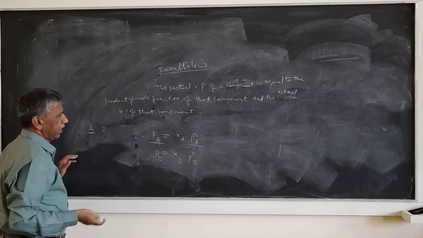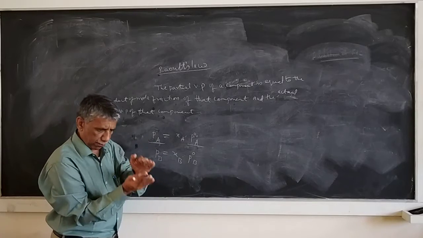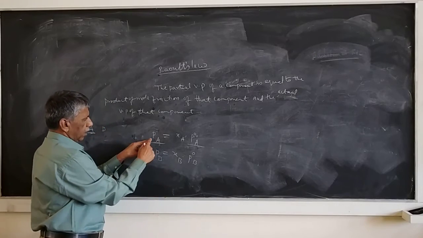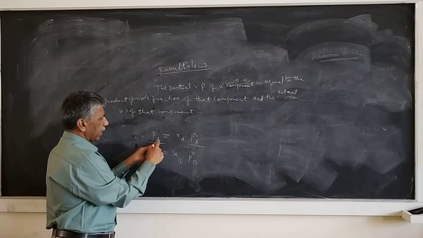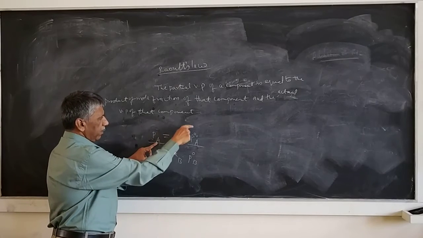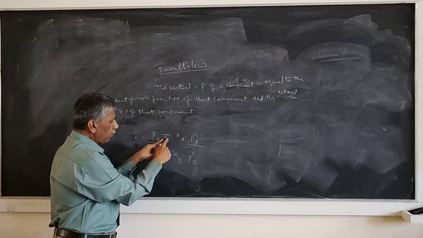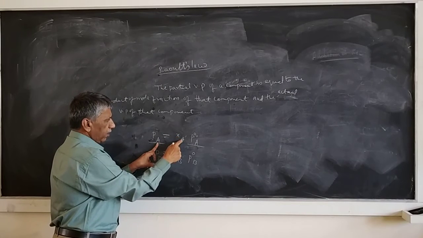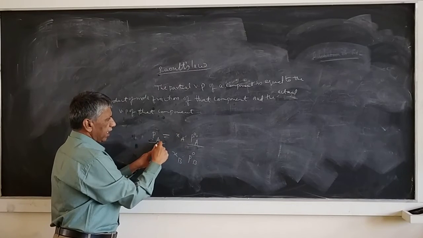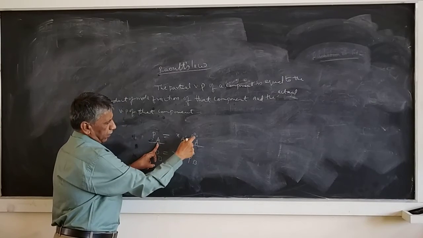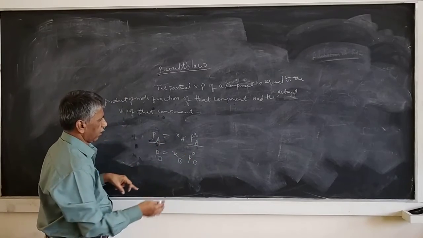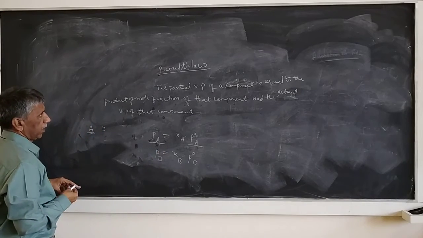Let me say it once again. The partial vapor pressure of any component present in the solution is equal to its mole fraction multiplied by its actual vapor pressure.